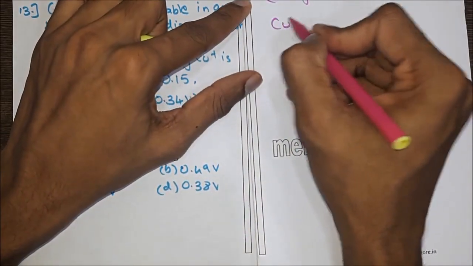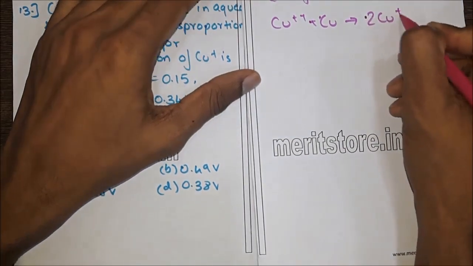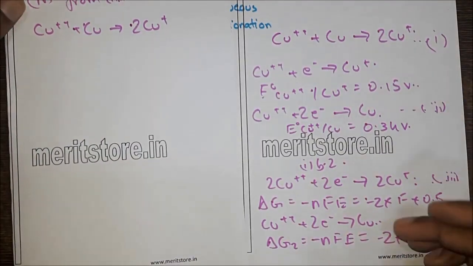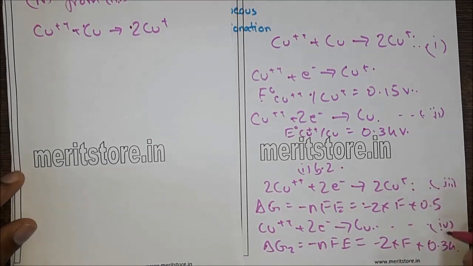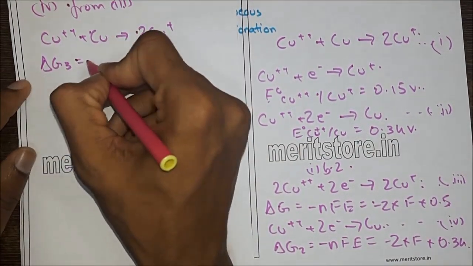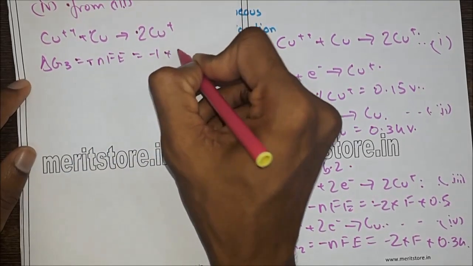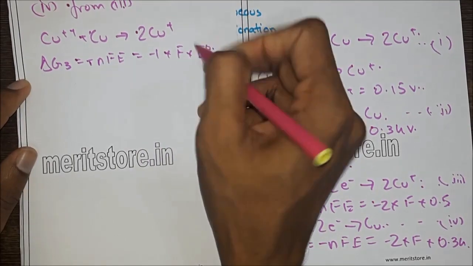We get this as Cu++ plus Cu gives 2Cu+. If you see over here, that is third and fourth, we get delta G3, that is Gibbs energy, minus nFE equal to minus 1 into F into E0.